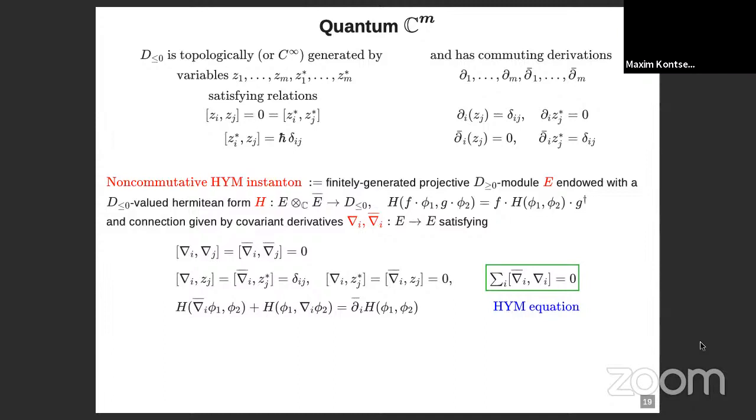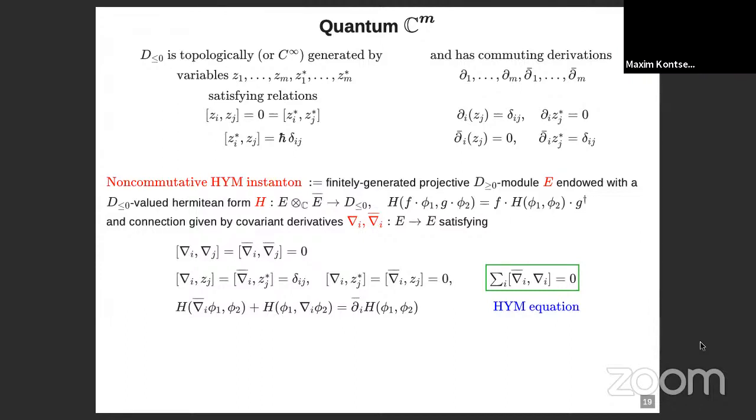And what is a non-commutative Hermitian instanton? It's a finitely generated projective module, like a C-infinity vector bundle on the space, endowed with a Hermitian norm, which is a map from the module to the algebra satisfying these identities, and covariant derivatives along the commuting derivations, which satisfy the following commutation relations with themselves and also with the coordinates, and also compatibility with the norm.